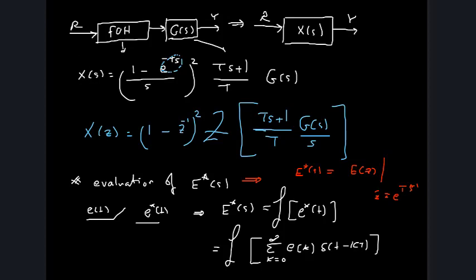So let's fix it. E of z is equal to E star of s such that z is equal to exponential of Ts. So again, if we have E of z, we can also calculate E star of s.